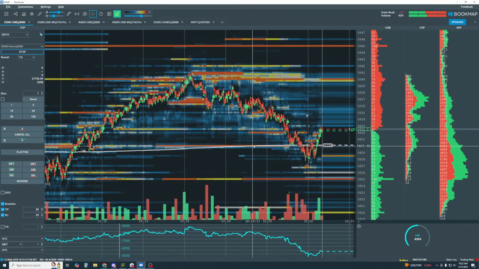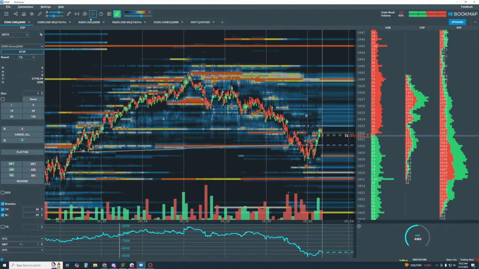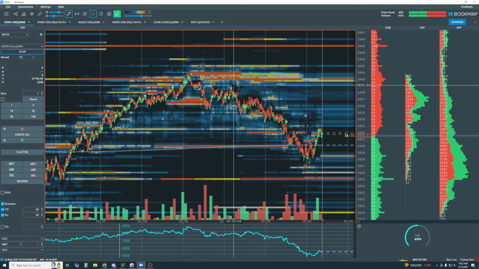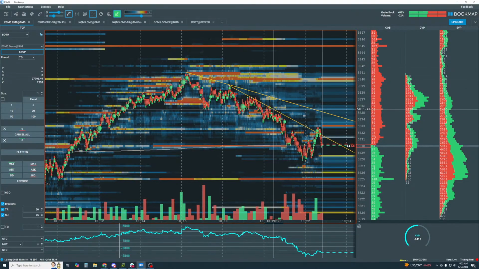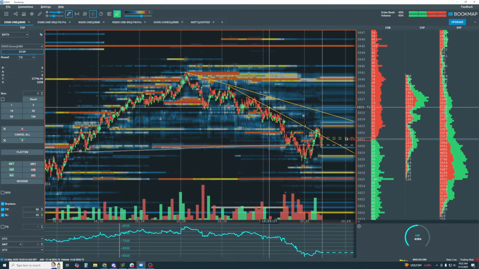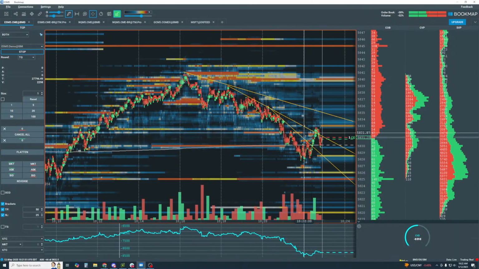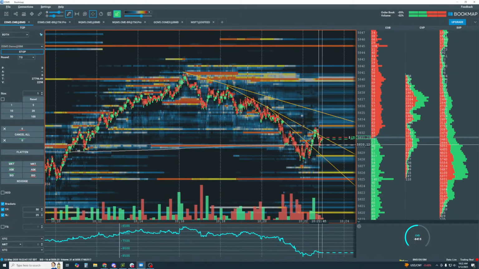This kind of looks like it a little bit here. You can even look at that trend line break accumulation. It's still holding here on that trend line, but it did break this one here. Okay, a minor trend line in here.